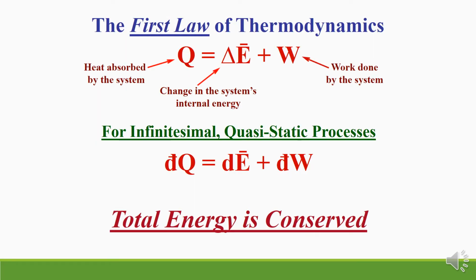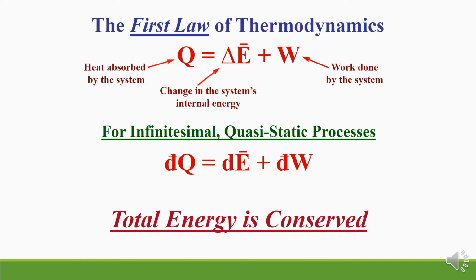So now coming to the next law, that is the first law of thermodynamics. What it says is that energy can neither be created nor be destroyed, but it can convert from one form to another form. We have already seen this.